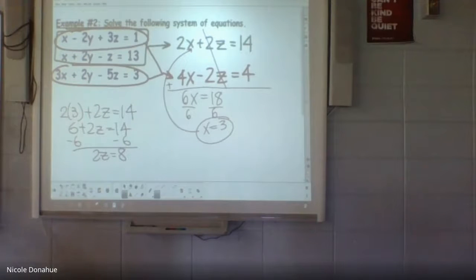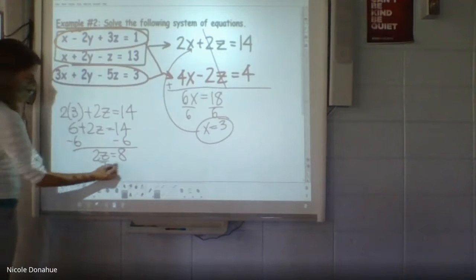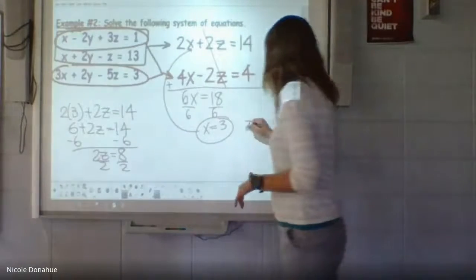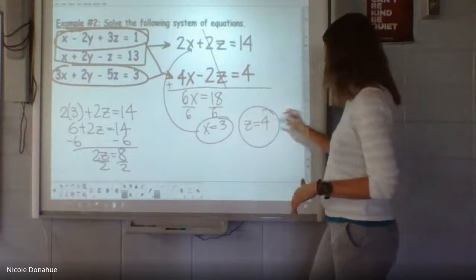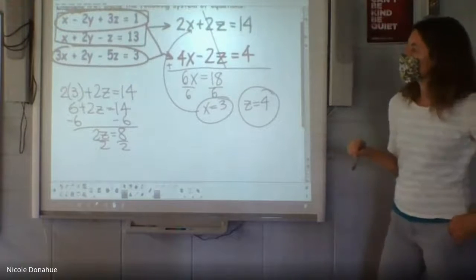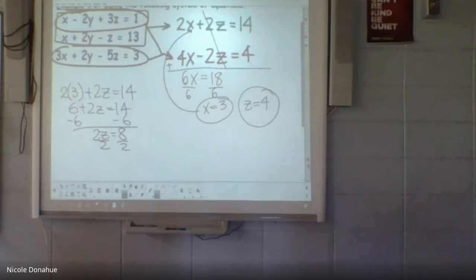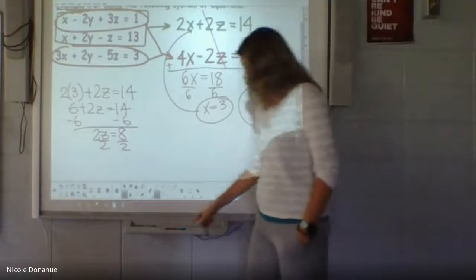So I get 2z equals 8 here. So z ends up being 4. And then once I have x, once I have z, now I can go back and find y. I'm just going to use the bottom equation. It doesn't really matter which one I use.